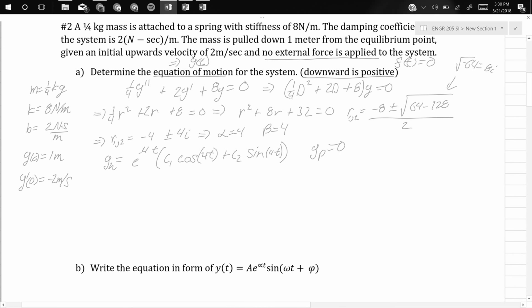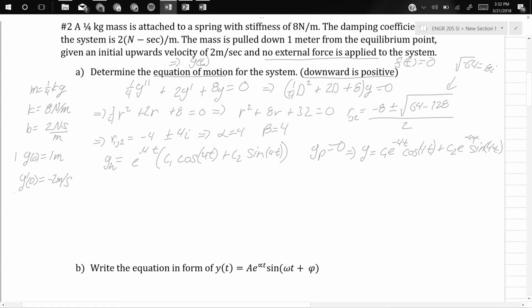So this is our y: c1 e to the negative 4t cosine 4t plus c2 e to the negative 4t sine 4t. So now we have our y of t.